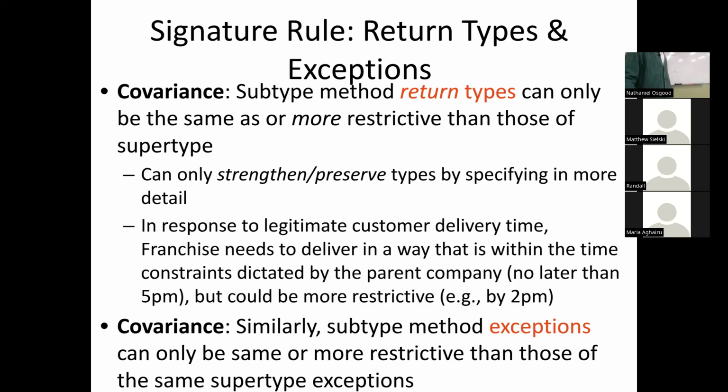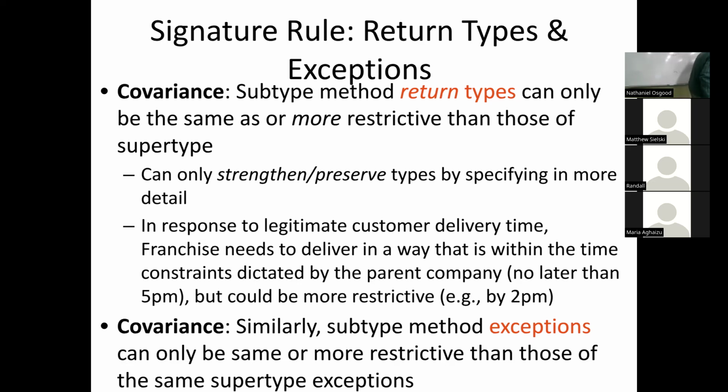And the same thing is true for exceptions. If this object foo can throw any runtime exception, the subtype could throw any runtime exception. That will be fine. That'll be just adhering to the same guarantees of what could be expected. So someone treating it as a C, calling foo, knows they have to be able to handle any runtime exception.